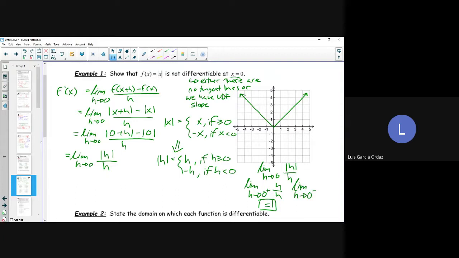According to our piecewise function of the absolute value, as h approaches 0 from the left, we get negative h over h. And what does that give us? Negative 1. Perfect. So, is f of x equal to the absolute value of x differentiable at x equals 0? Yes or no?